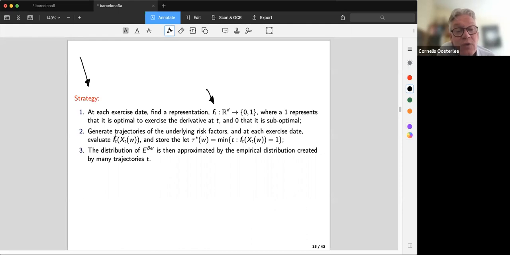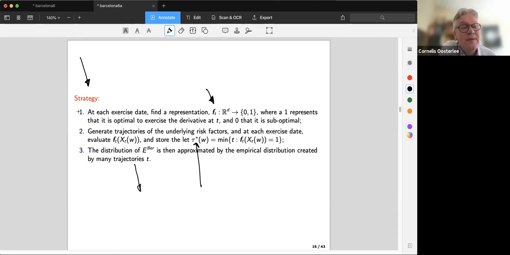And based on that optimal stopping decision, we come up with a stopping time, tau star, which is the minimum t for which f_t is equal to 1 on a path. And the distribution of a Bermudan exposure is then approximated by an empirical distribution created by many trajectories.